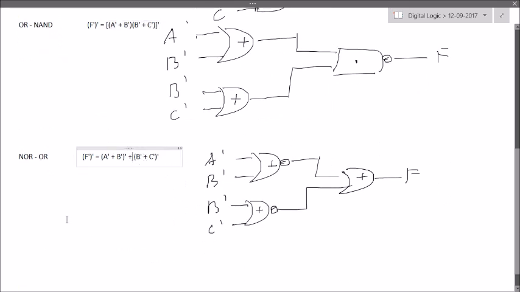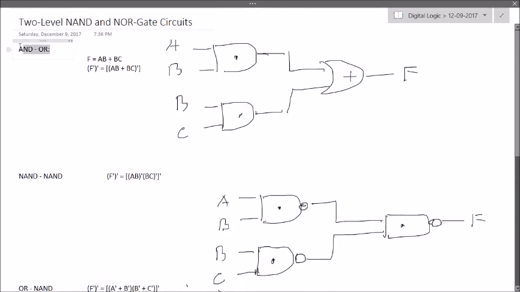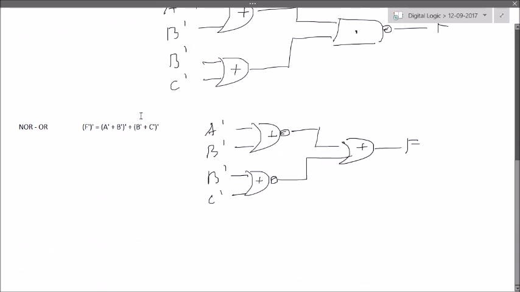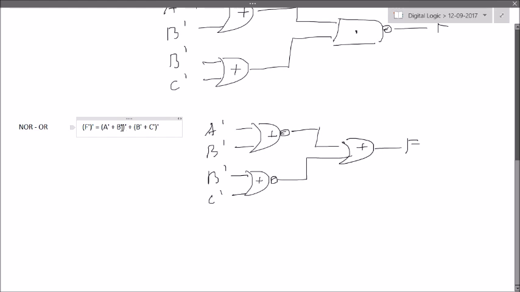Now, how do you get from a NOR OR circuit back to an AND OR circuit? Well, it's simple. You only need to apply De Morgan law again to the terms inside here. You see, this is a NOR gate, right? A prime plus B prime, prime. So you apply De Morgan law there. What do you get?